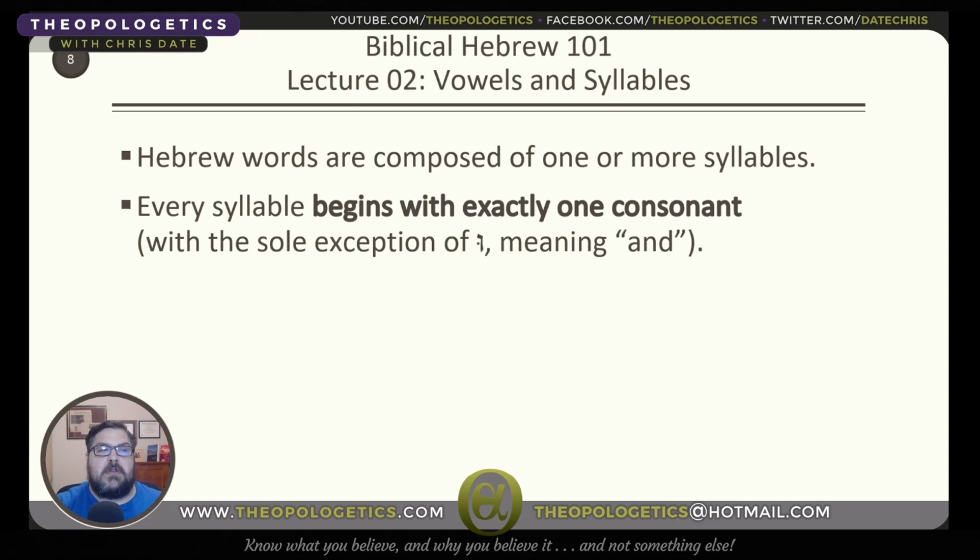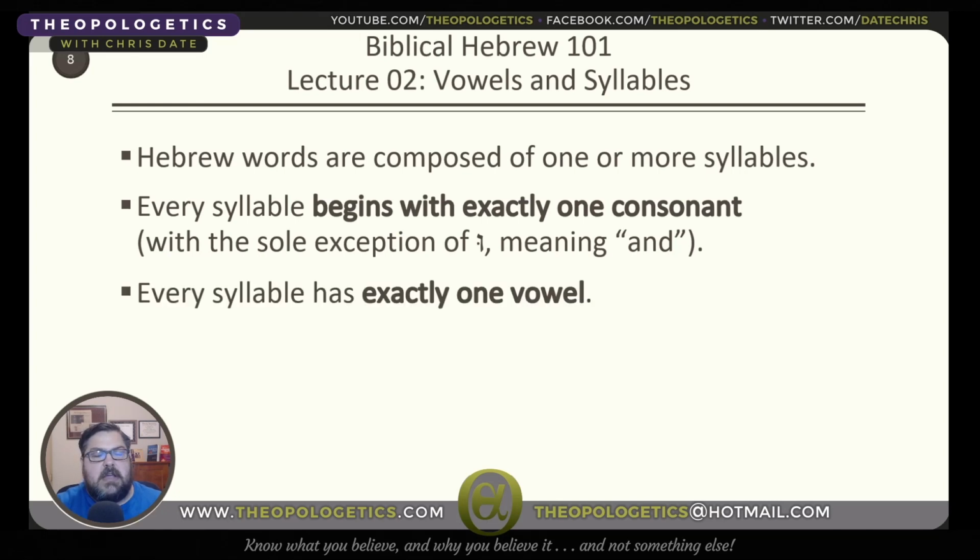And the reason why this is the one exception of a syllable that doesn't begin with a consonant is because it does begin with a consonant character. It's just being used as a vowel, and you'll see how this works throughout the course of this lecture. But with the exception of u, meaning and, every Hebrew syllable begins with exactly one consonant.